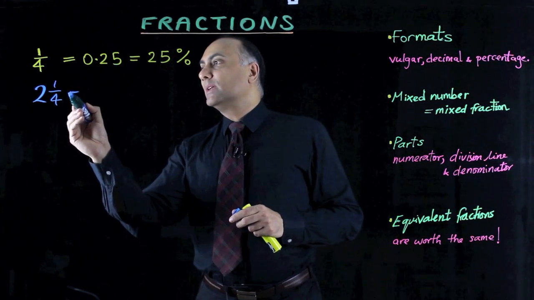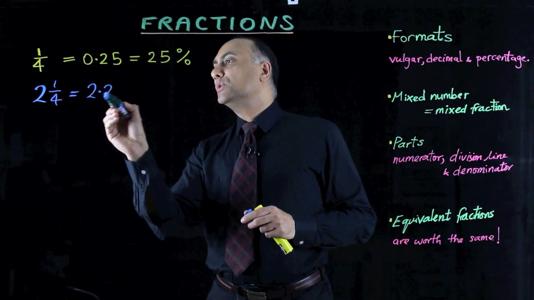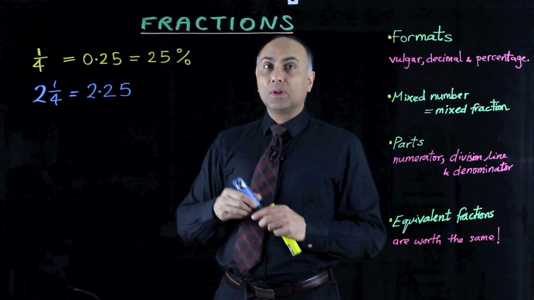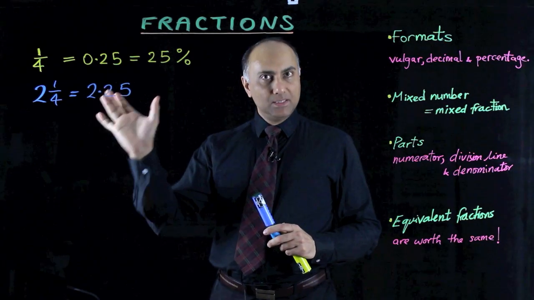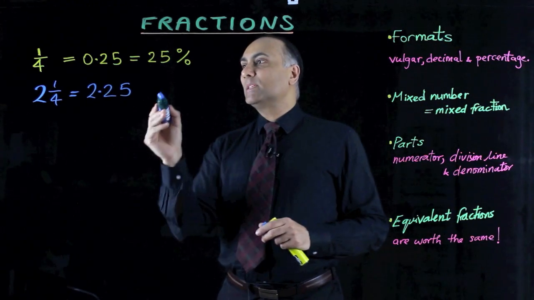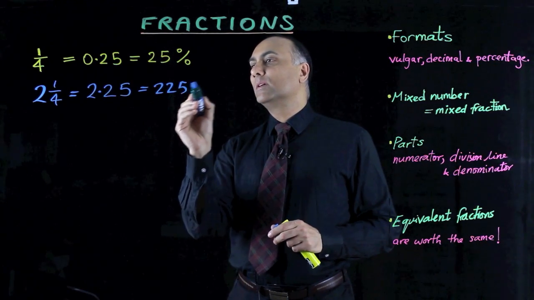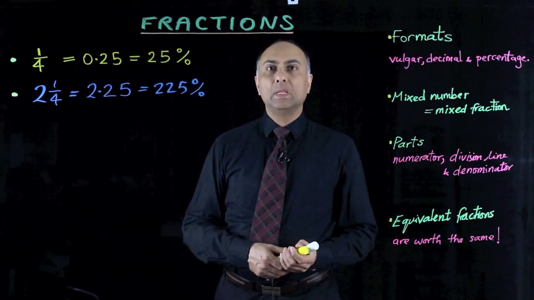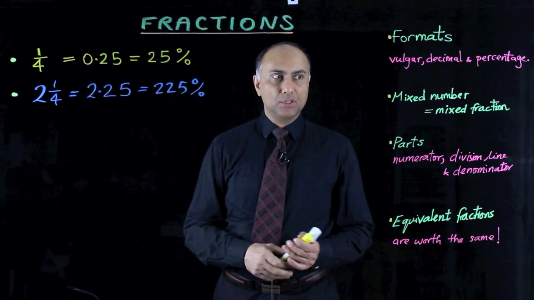This could also be written as a decimal as 2.25, and this would be called a mixed number or a mixed fraction or a mixed decimal. And as a percentage, that would be 225%.